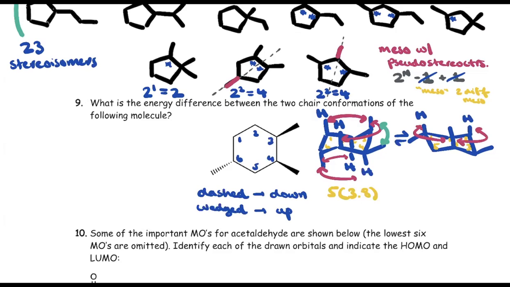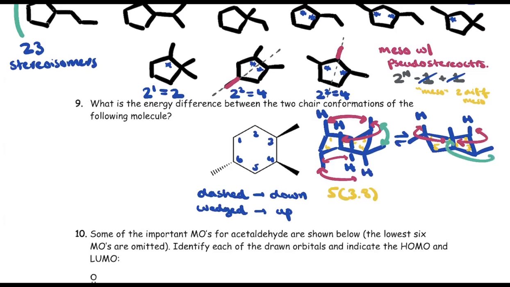That gauche will be over here. 2 up and adjacent next to each other. So you do the calculation for that. It would be 3 times 3.8. Again, these values will all come from your table in the back. Now you do some math. So that means 5 times 3.8 minus 3 times 3.8. That'll give you 2 times 3.8. And that means your energy difference will just be 7.6 kilojoules per mole.